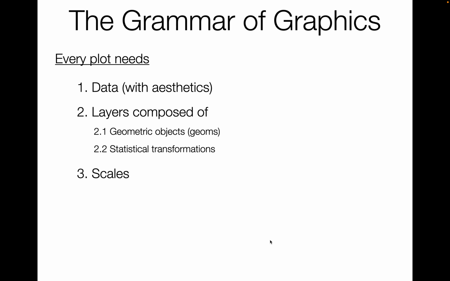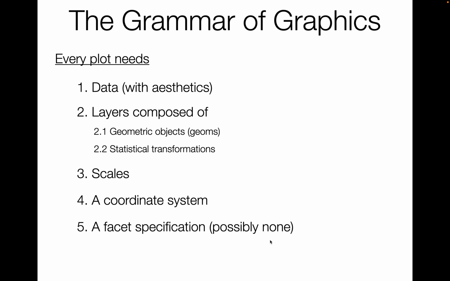Now, some extra things that I probably won't cover in this video, but will cover quickly on Friday, are scales, a coordinate system, a facet specification, and a theme. Those are the extra things that come along that it needs, but that you aren't going to control every time you make a plot.